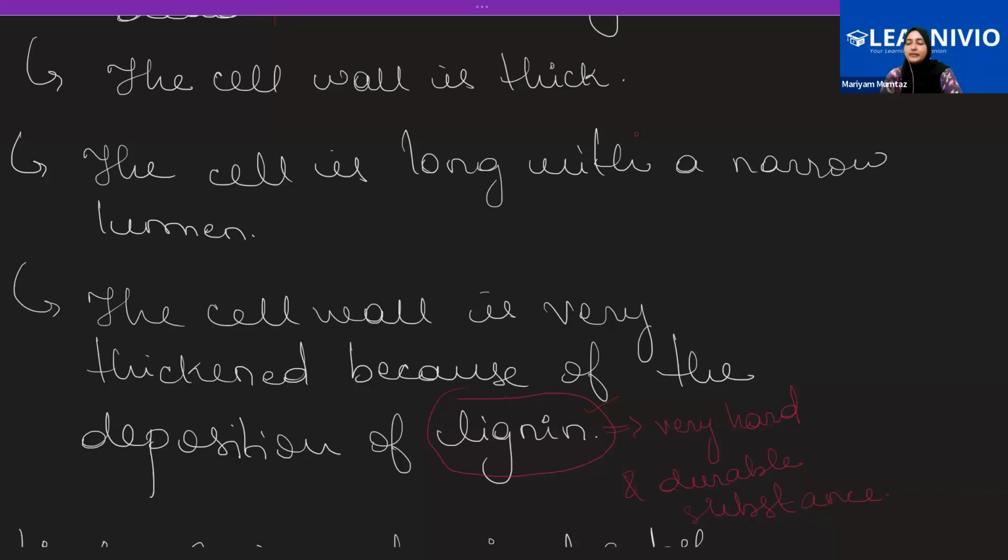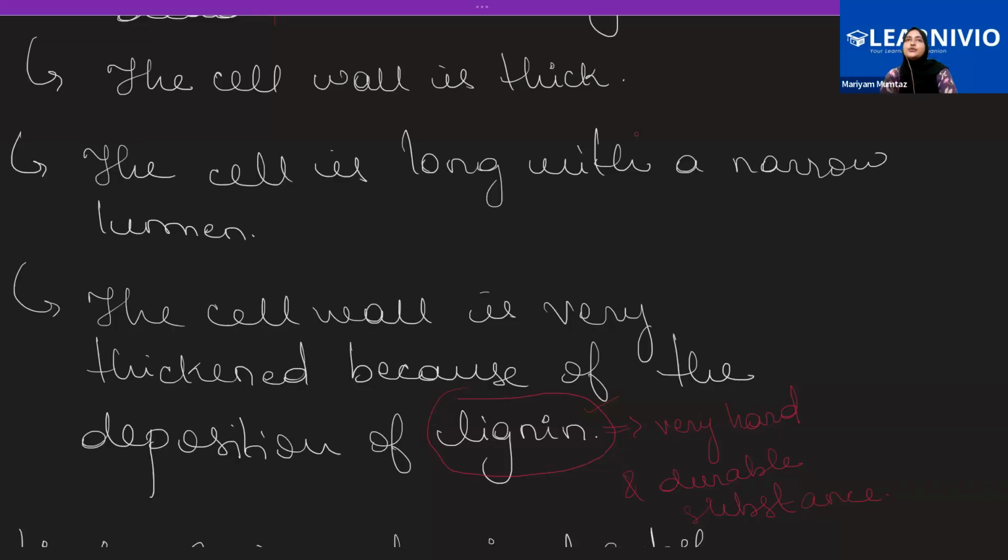If they are made up of one type of cells, we call them simple permanent tissues. Whereas when they are made up of more than one type of cells, we call them complex permanent tissues. The simple permanent tissues are made up of one type of cells, and further they are of three types: parenchyma, collenchyma, and sclerenchyma.